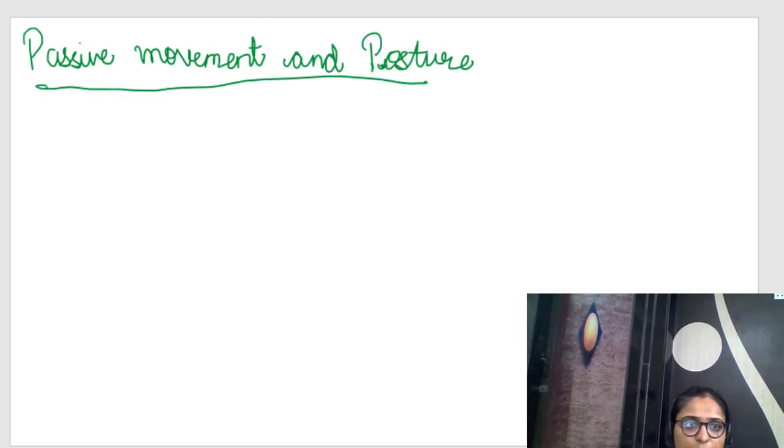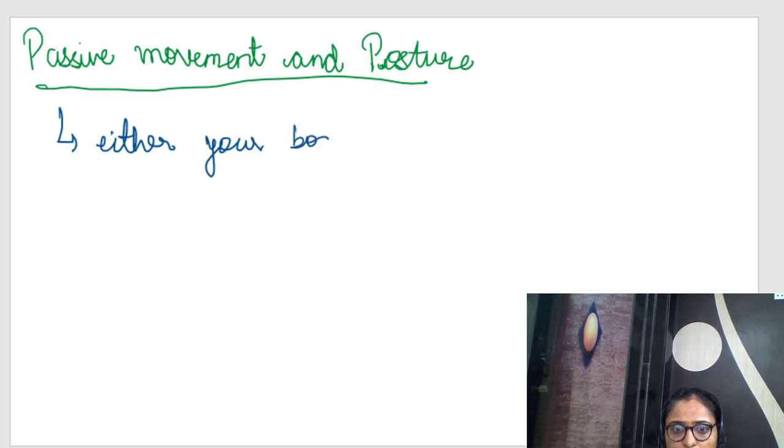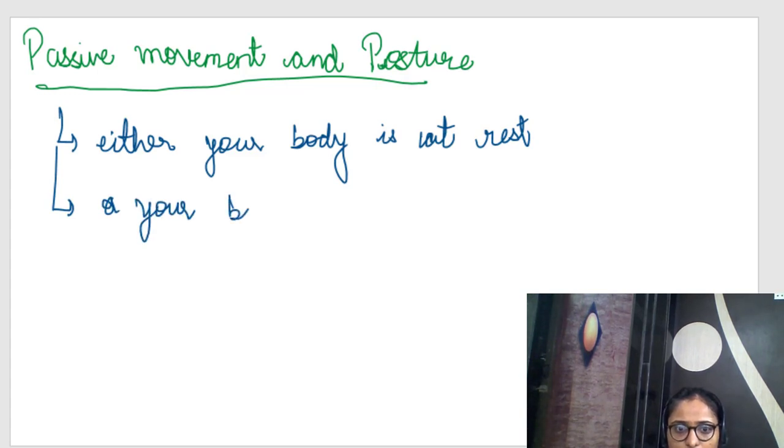Either your body doesn't allow you to move, which means you are not in a condition to move, then you will be at rest only.